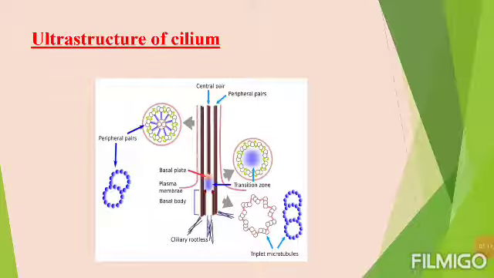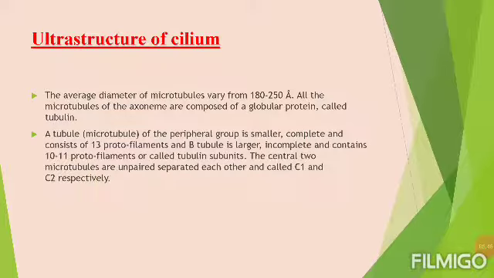Each filament is beaded. Each bead remains arranged in the lattices of the 40 in the plane of the wall of the tubule. These beads are considered as the basic subunit of the tubule structure. Now this is the ultrastructure of the cilium.